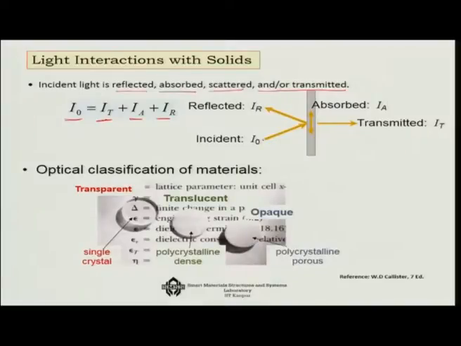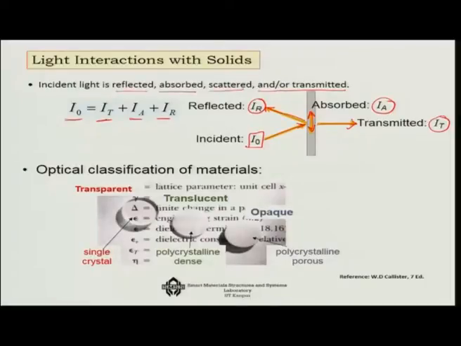This is my incident light I0. Some part of the light may get reflected, that is IR. Some part may get absorbed inside. It may not absorb for a very long time; we will see that sometimes it absorbs and then it emits. And some part of it may get transmitted, that is our IT part. Absorbed is IA, reflected is IR, whereas the incident is I0.